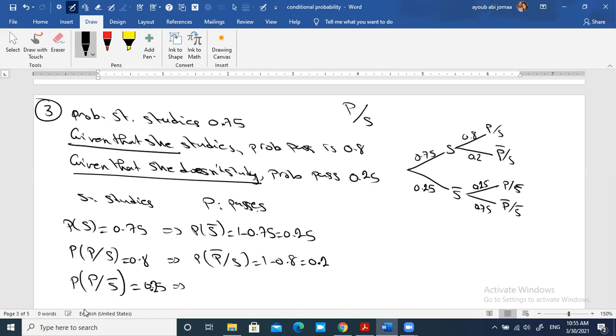Probability of P bar given that S bar هي 1 minus 0.25 which is 0.75.